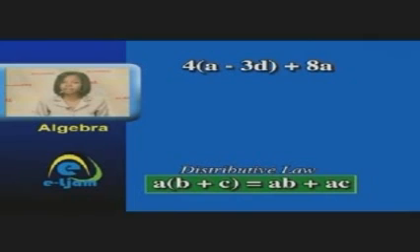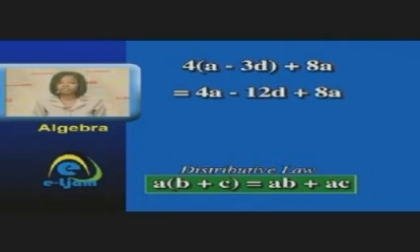Now back to our example. 4 times a minus 3d, plus 8a. In this example, we are going to multiply the two terms in the bracket, a and negative 3d, by the term outside, the 4. This gives us 4a minus 12d plus 8a.